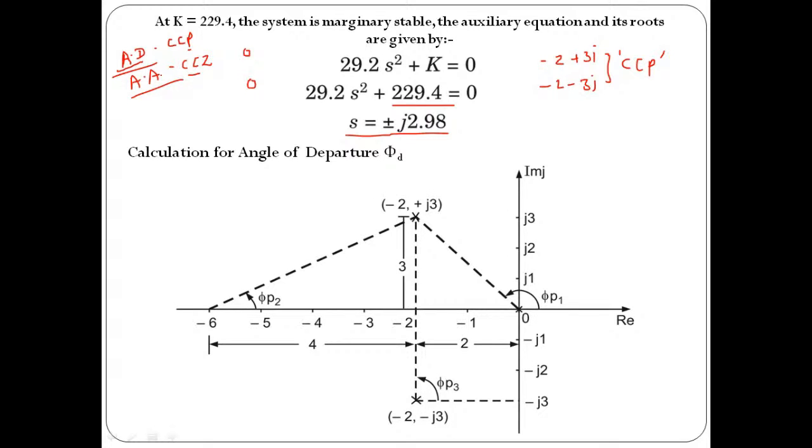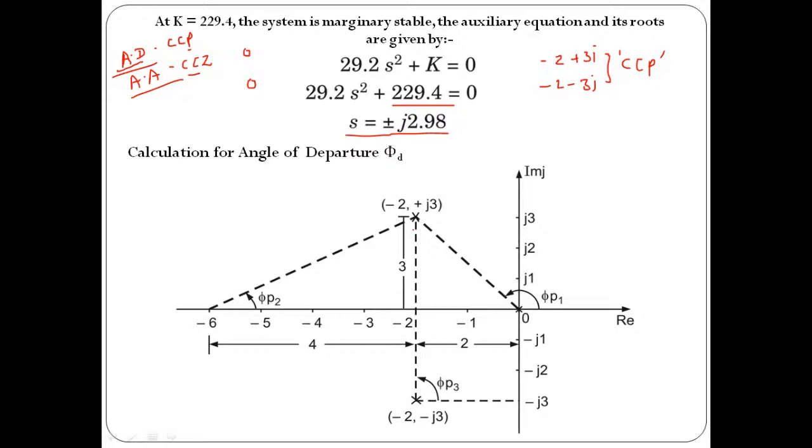So take your pen and paper and try to calculate the angle of departure, because so far whatever numericals we have discussed on this topic, they don't consider calculating the angle of departure or angle of arrival. So this is the first numerical where we are trying to calculate the angle of departure.